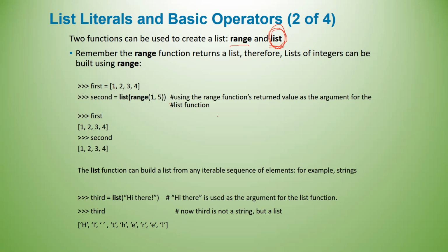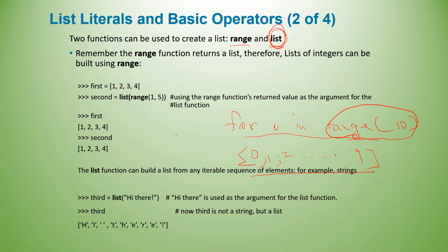When we first discussed this, we had for i in range 10, the for loop. This actually creates a list of 0, 1, 2, up to 9. If you remember, we discussed this when we discussed the for loop. So the range function actually returns this list.